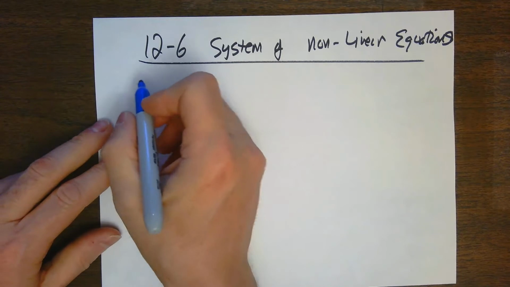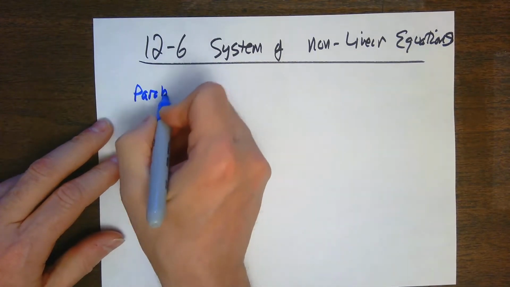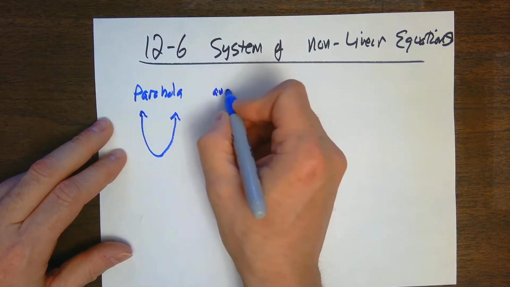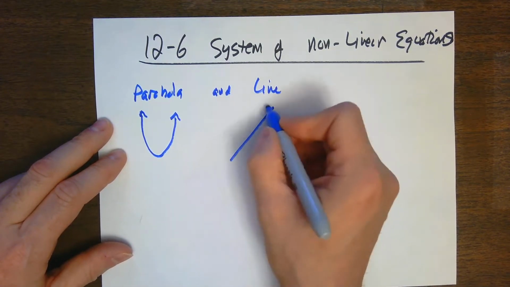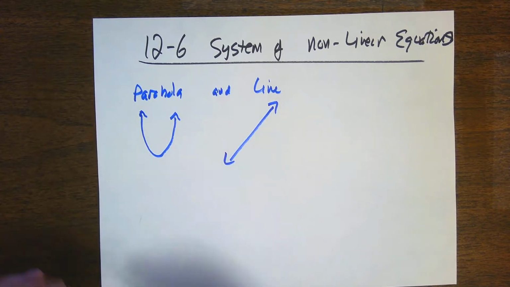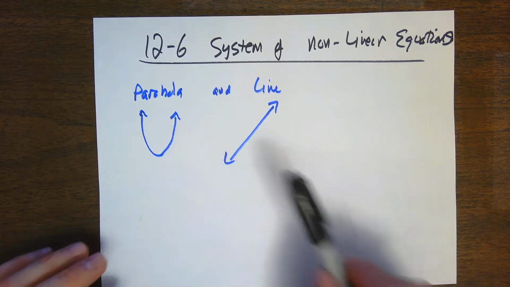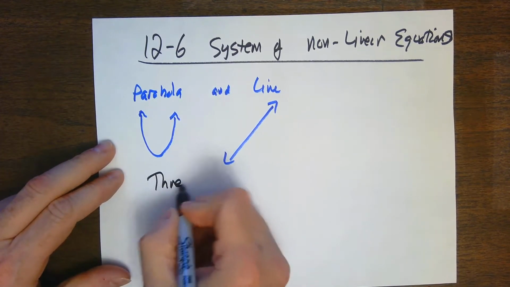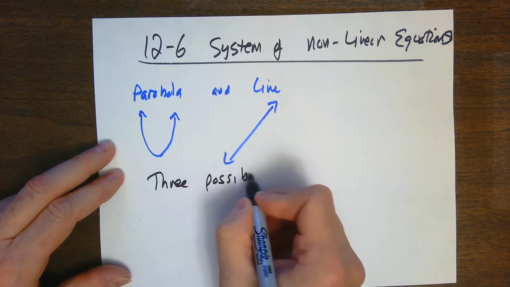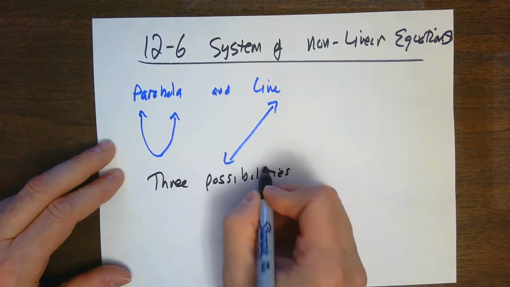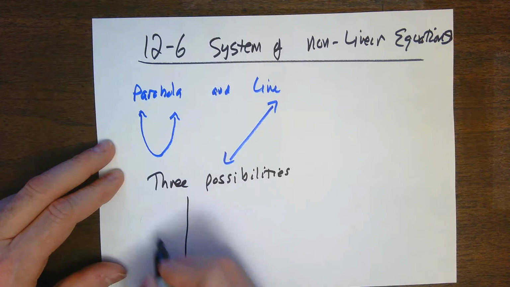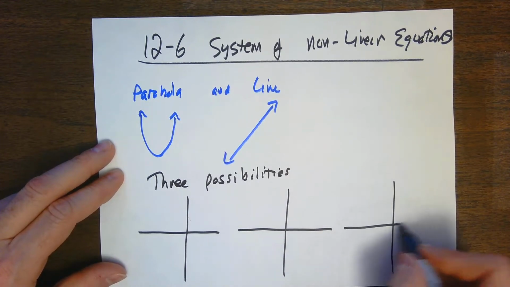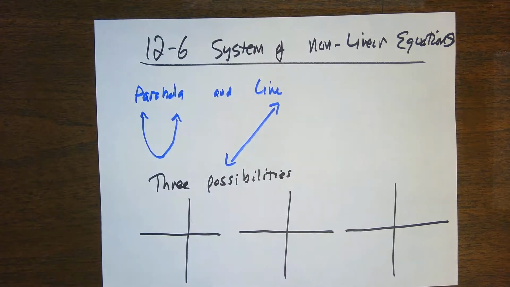For example, consider the idea of a parabola, and remember the parabola is a U-shaped thing, and a line. If I take a parabola and a line and I put them on the same graph, there's three possibilities. Let's just talk about the concepts here. I'm going to draw three sketches of what could happen given a line and a parabola.